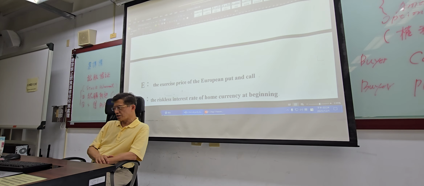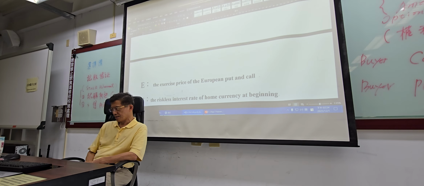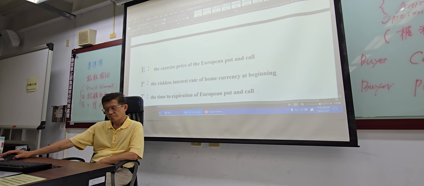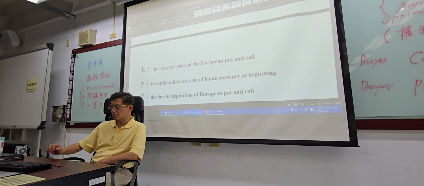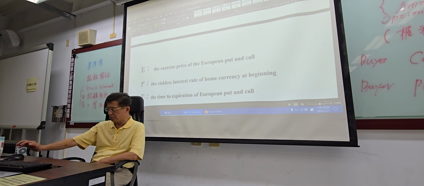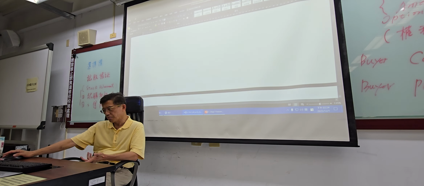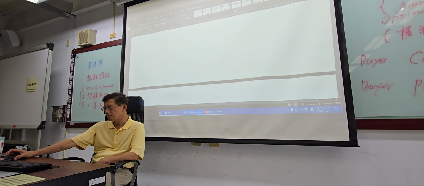And R is denoted as the risk-free interest rate of our home currency. Let's say it's the US dollar at the beginning. And capital T is the time to expiration of the European put and call. Okay? Which can be 1 year or 2 years, whatever.